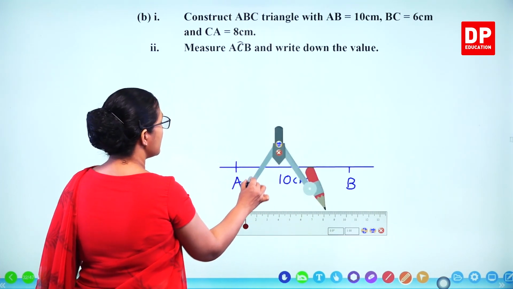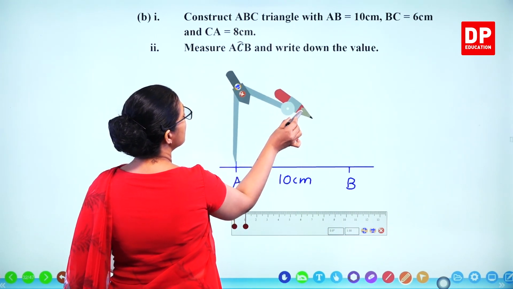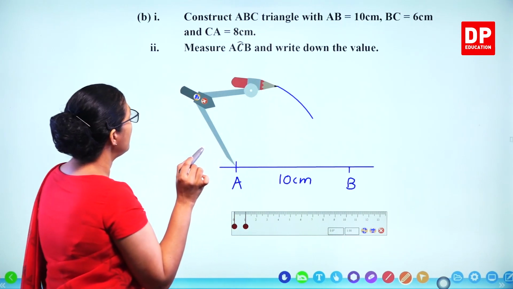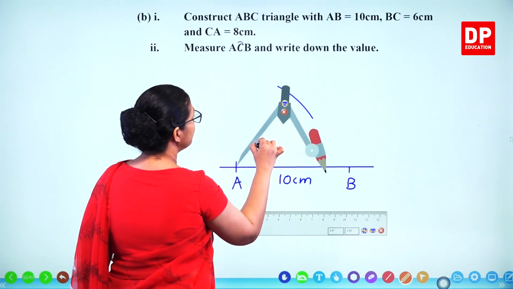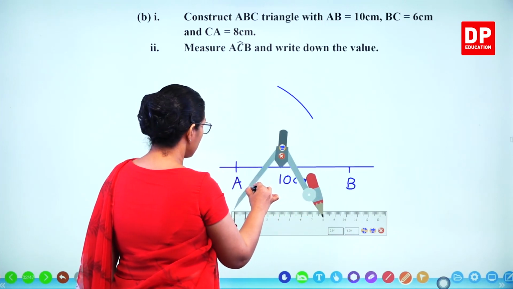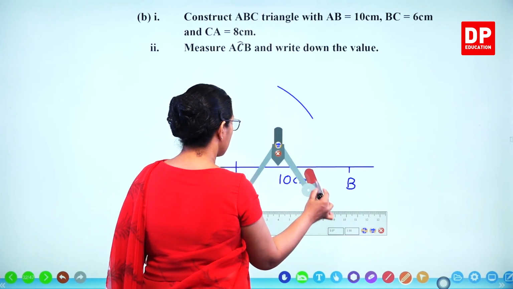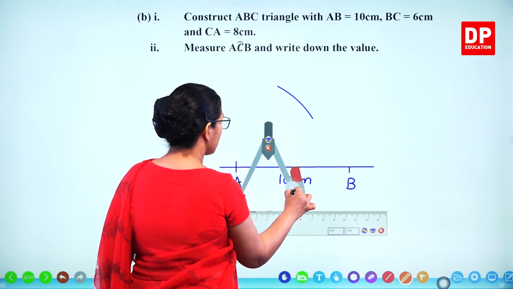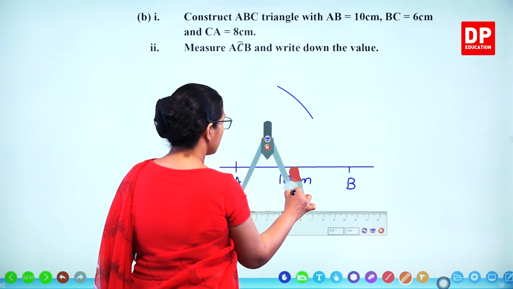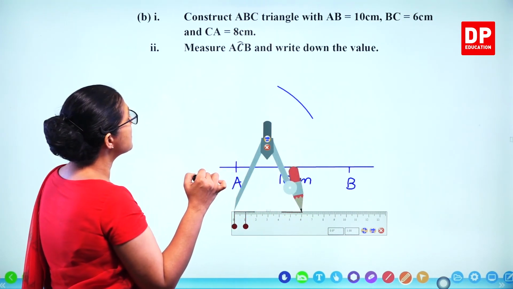CA is 8. So keep the compass on top of A and you can mark the CA. Now we need 6 centimeters, that's BC. BC, that's 6.